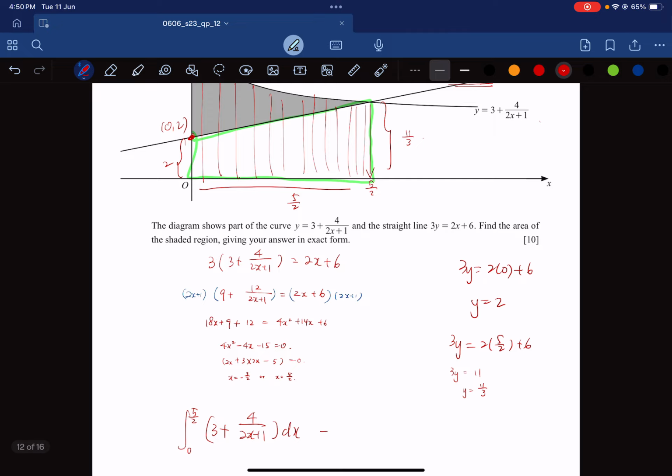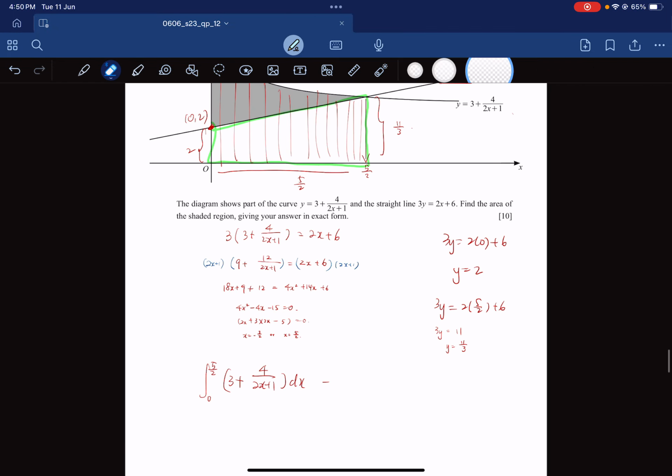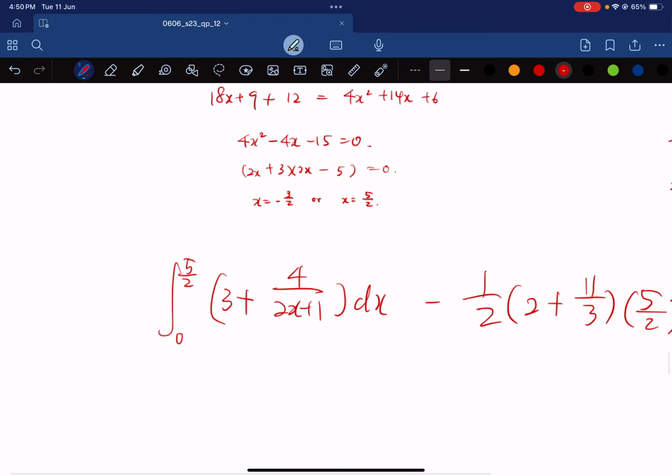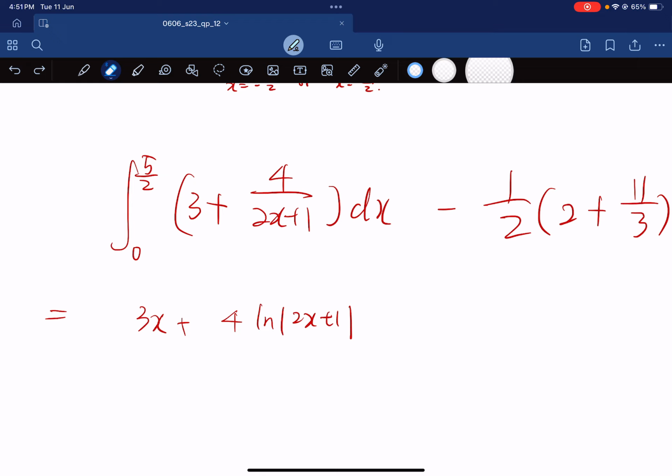Okay, so the area of the trapezium would be 1/2 times A plus B times height. Yeah, I guess that's all. Okay, so this would be integrate 3 is 3x, integrate this is 4 ln modulus 2x plus 1, but we need to divide it by the derivative of 2x plus 1, which is 2, so divided by 2, it becomes 2.